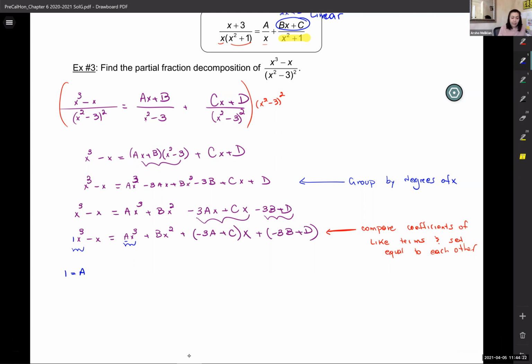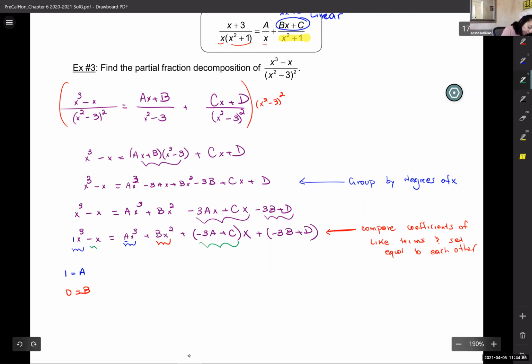Okay? Now let's move on to the square term. Where is the square term on the left side of the equation? There is none. That means it's 0. Okay? Next, the x term. This is the x's coefficient.